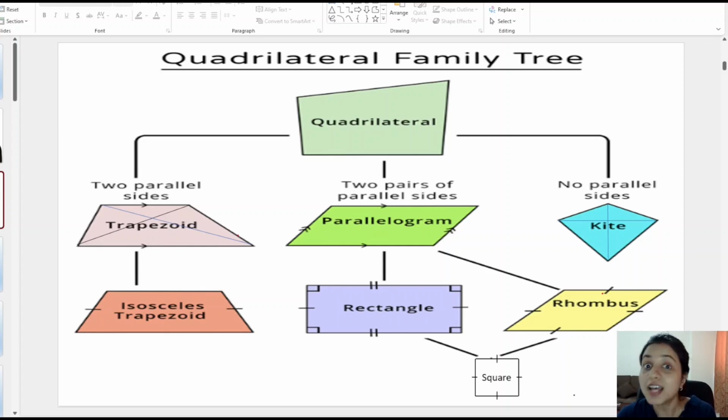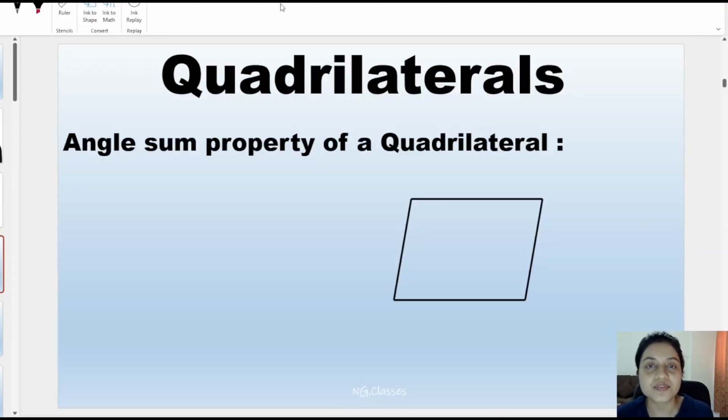So let's start with the head of the family, that is the quadrilateral. Now, as we know, a quadrilateral is a four-sided polygon having four sides, four vertices and four angles. Let's say we have a quadrilateral ABCD.